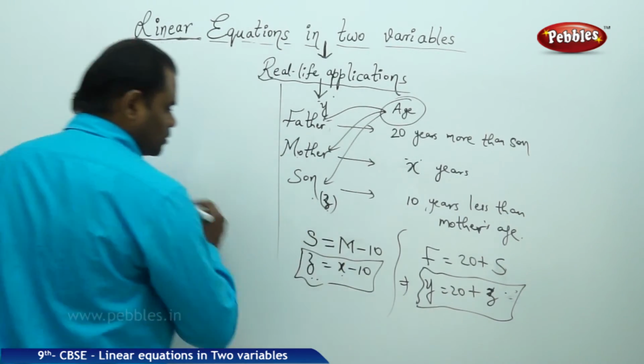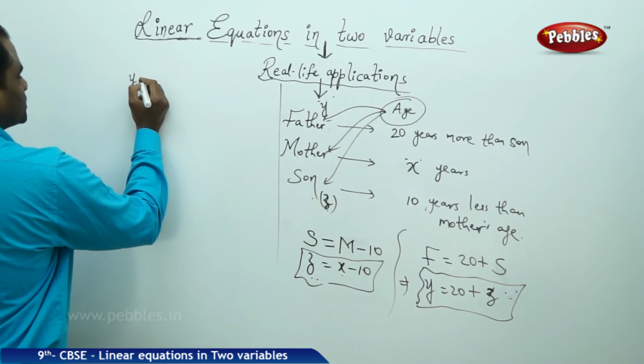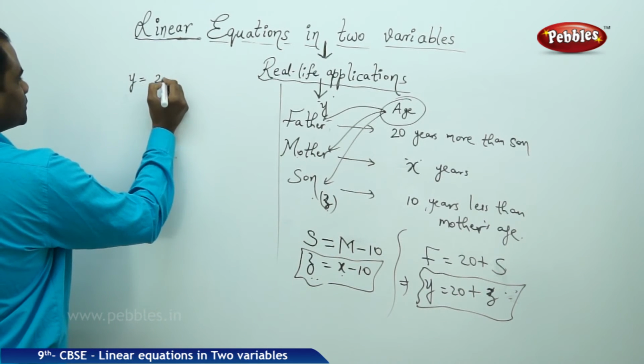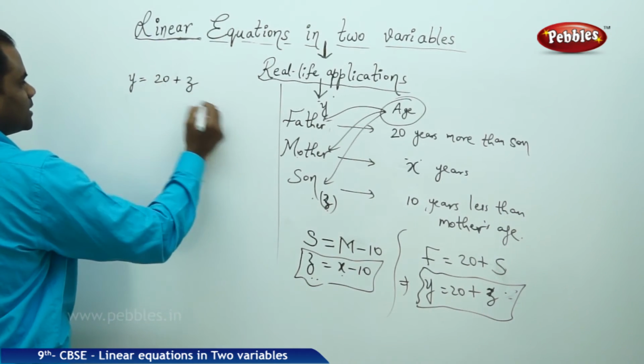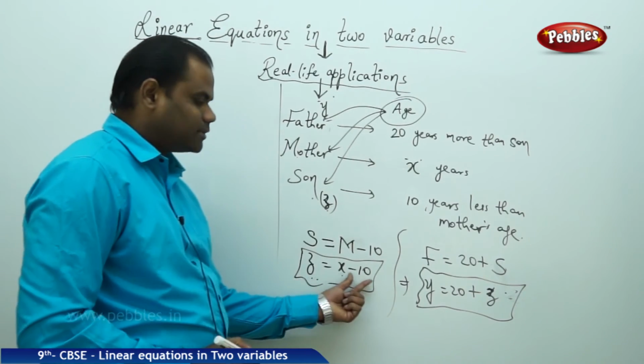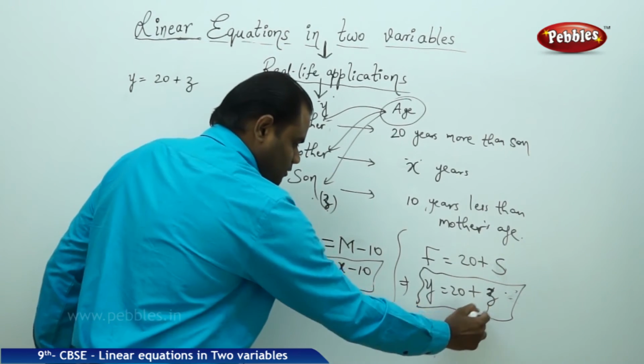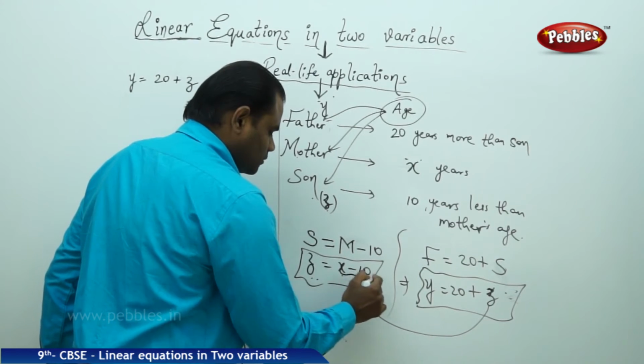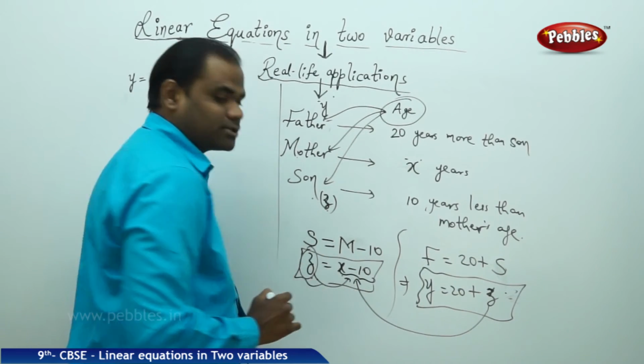Taking the second equation, which connects father and son's age, y equals 20 plus z, I have my z, which is x minus 10. So in place of z, I substitute the value x minus 10.